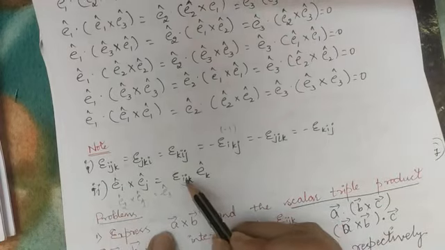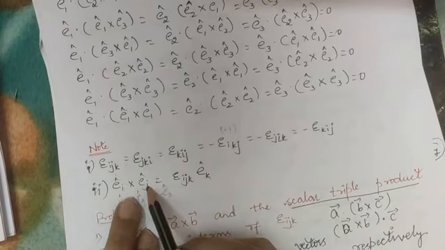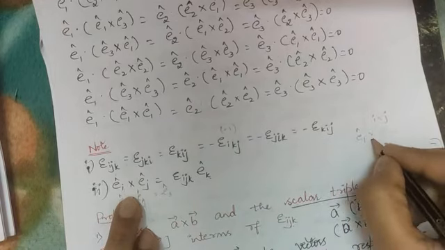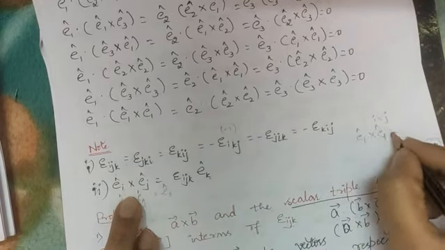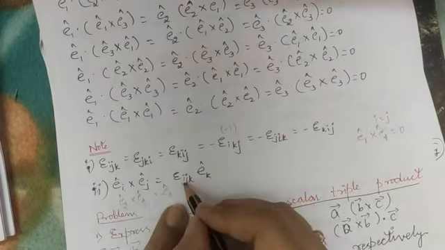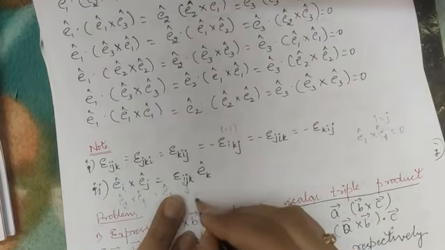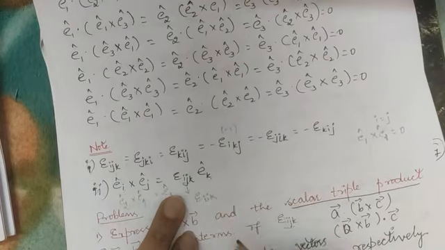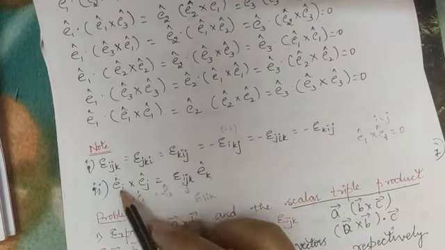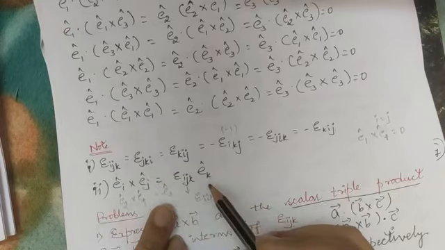So if any of these two are equal, that means e1 cross e1, sorry, if i and j are equal, this will become e1 cap cross e1 cap itself. Cross product of the same vector is 0. And if i and j are equal, this will become epsilon iik. So variables are repeating, you will get this value as 0. So you can generalize this as ei cap cross ej cap is equal to epsilon ijk ek cap.